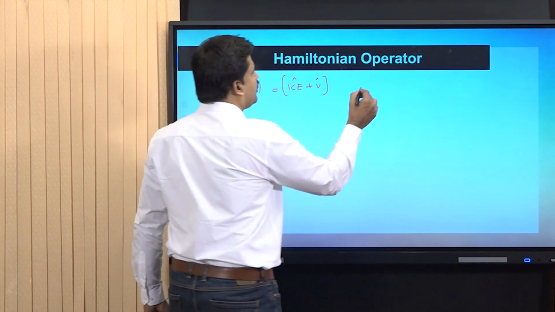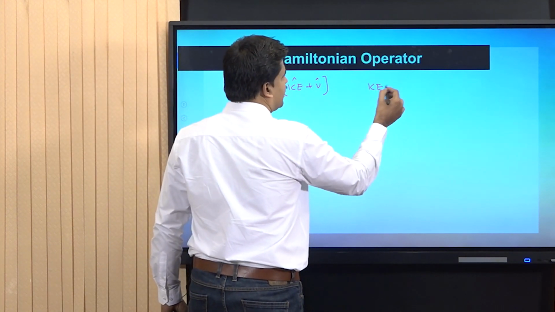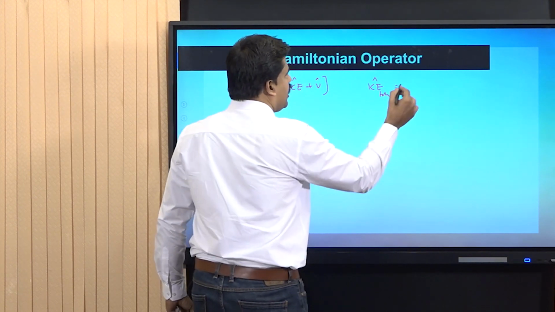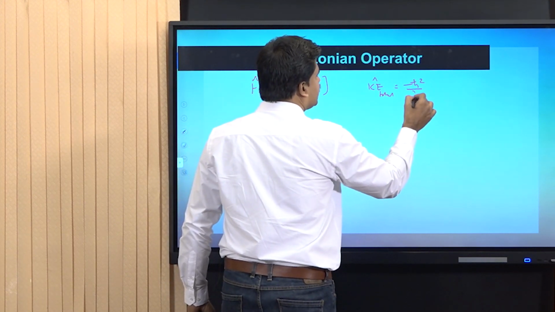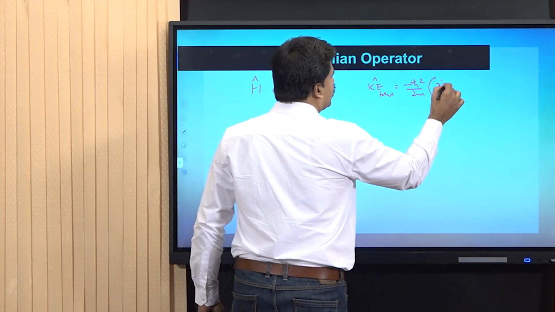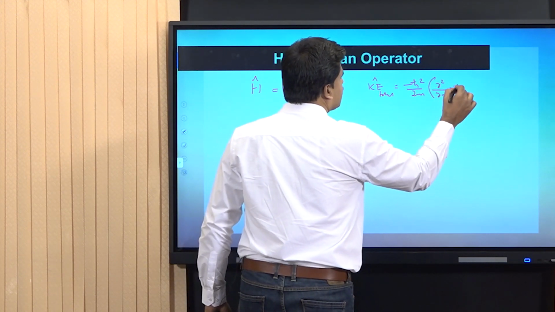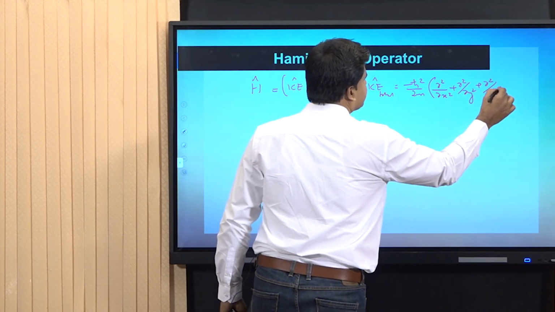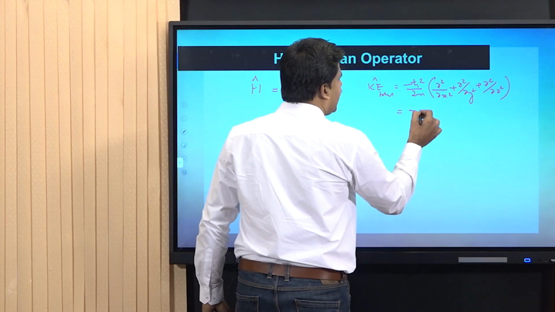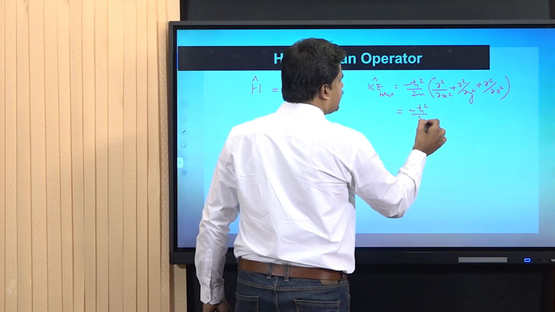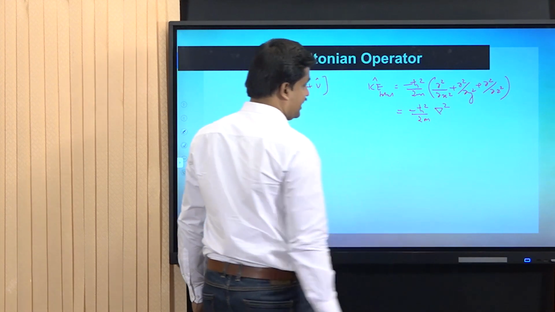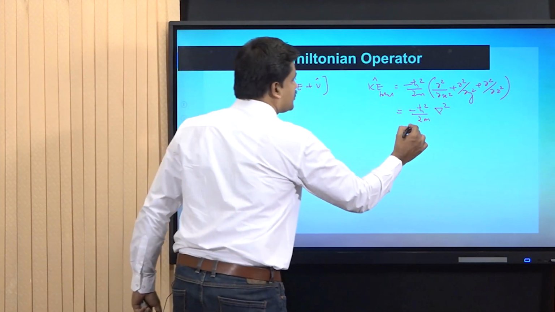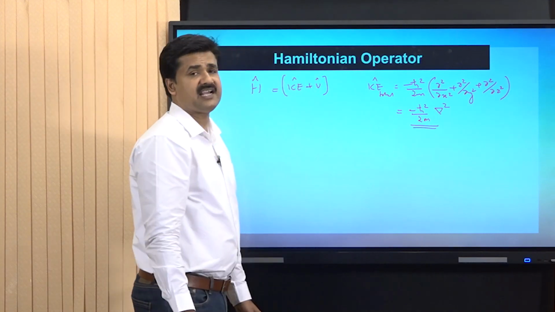But we know KE total hat is equal to minus ħ square by 2m into dou square by dou x square plus dou square by dou y square plus dou square by dou z square, or simply minus ħ square by 2m del square, where del square is called the Laplace's operator. This corresponds to total kinetic energy.